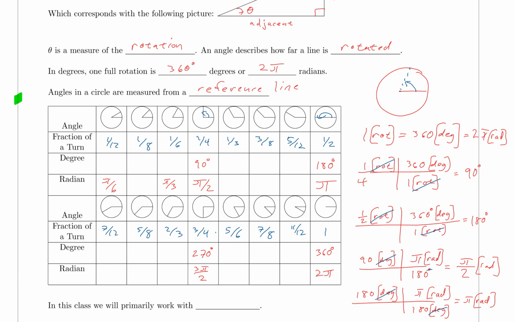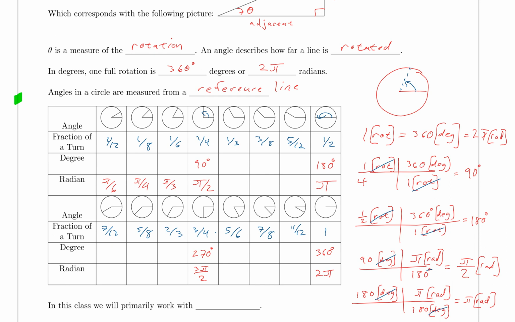If you look over here, here it is, 1 rotation equals 2 pi radians. Well, we're multiplying by 2 pi in order to convert into radians. So let's fill this out. 1 over 8, that ends up being pi over 4.